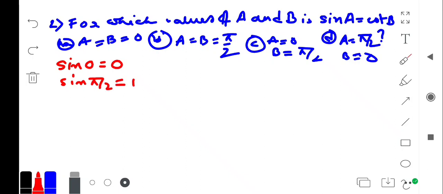There is no other value given here, only 0 and pi by 2. We have to use sin 0 and pi by 2, which means 90 degree, because pi equals 180 degree.